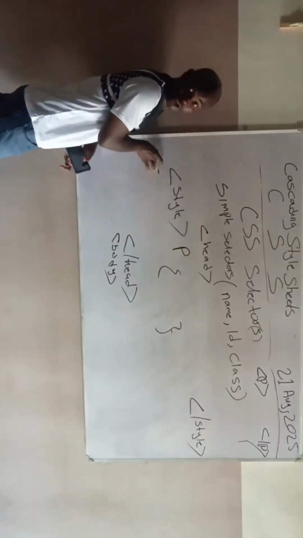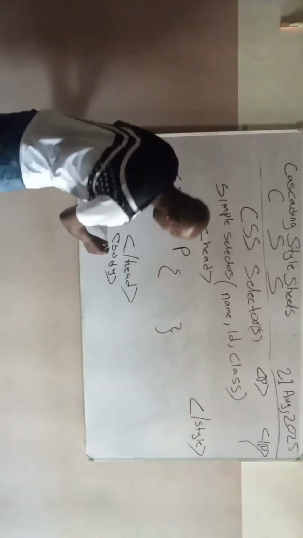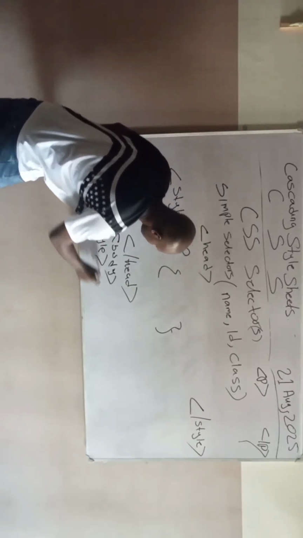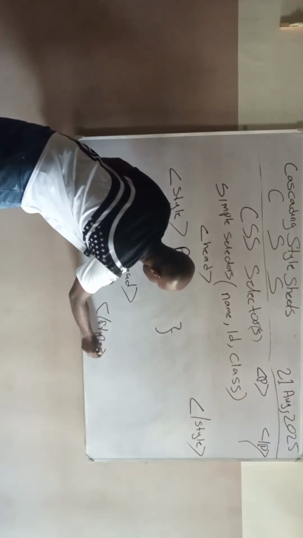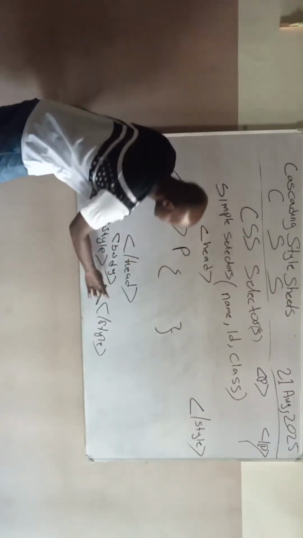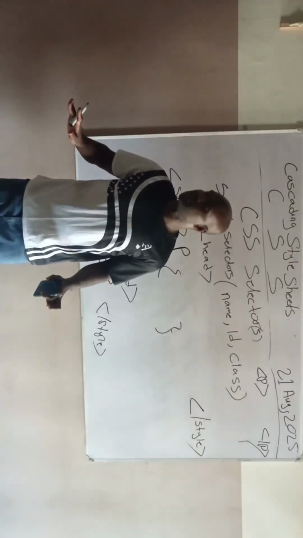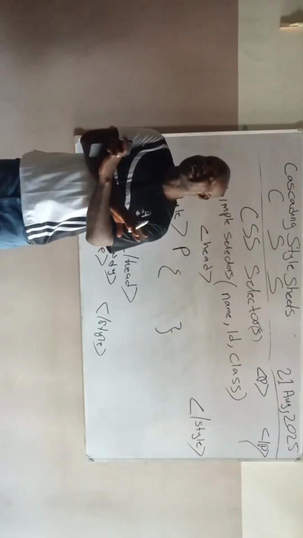This is a recommendation. That does not mean it's not going to work here. Style. Anything written inside this style is CSS code. Nothing else. What does HTML use style as an element for?